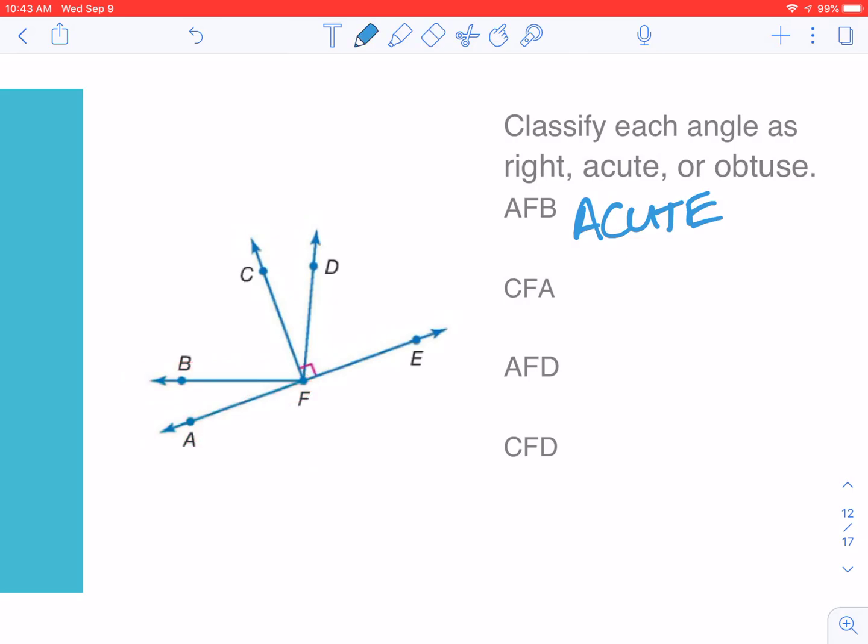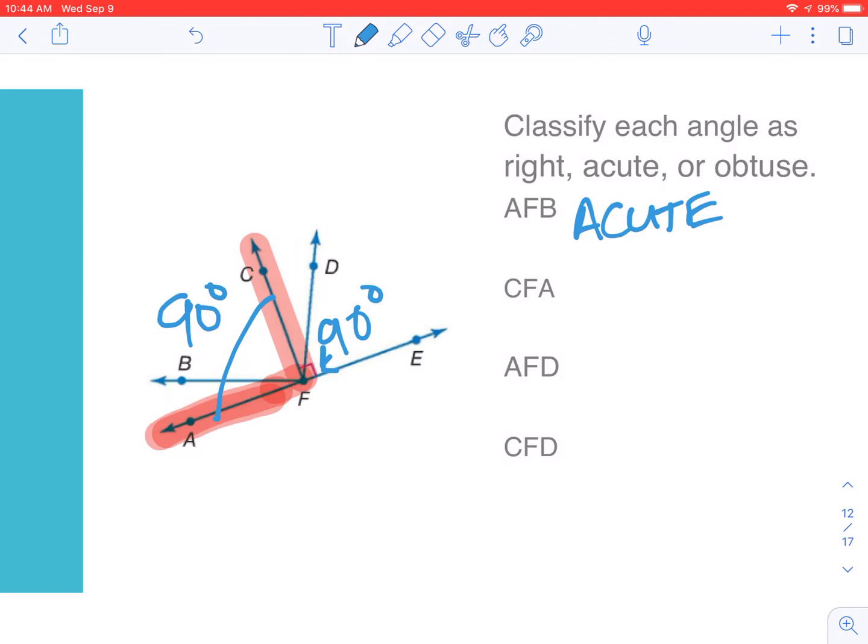Okay, we're going to look at CFA. Now, here's where it might get a little tricky. If we're looking at CFA, and we see this box over here is 90, that little box, this other side of this whole angle here has to be 90.